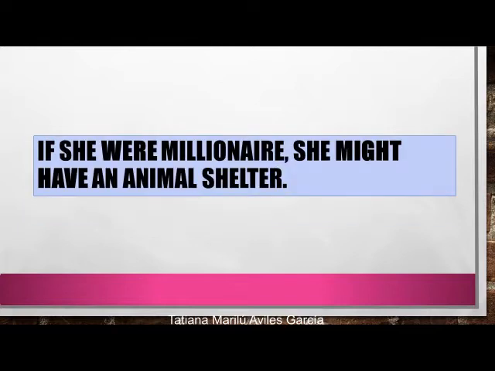The third example: if she were a millionaire, she may have an animal shelter. If she were is the conditional sentence, and she may have is the uncertainty. Maybe if she were a millionaire, she buys a car, or maybe she buys a big house.